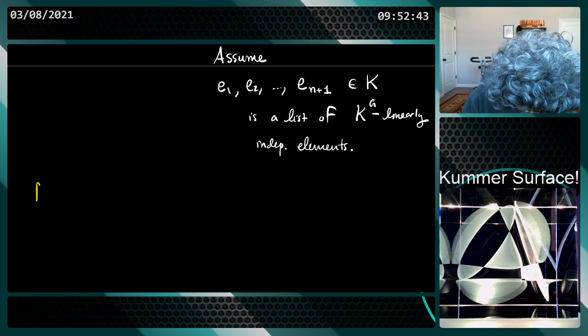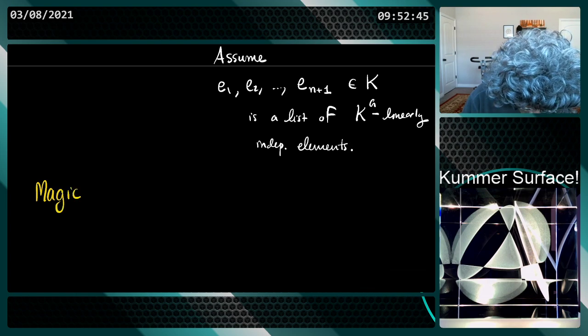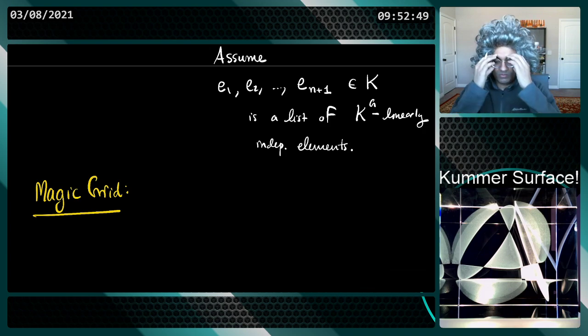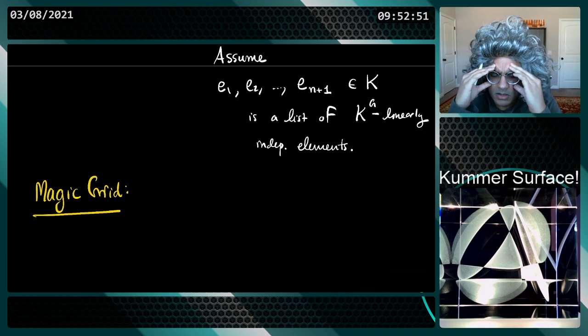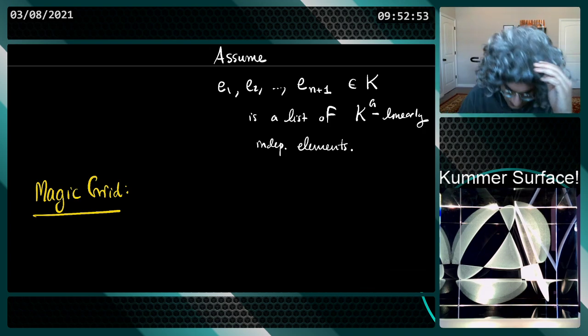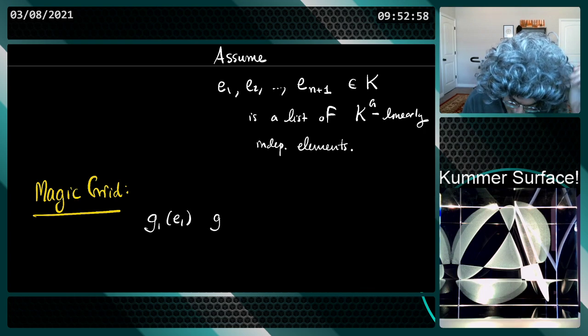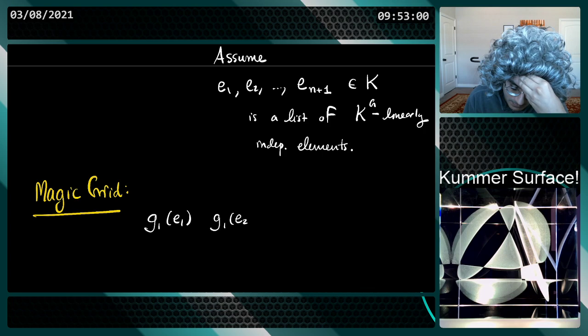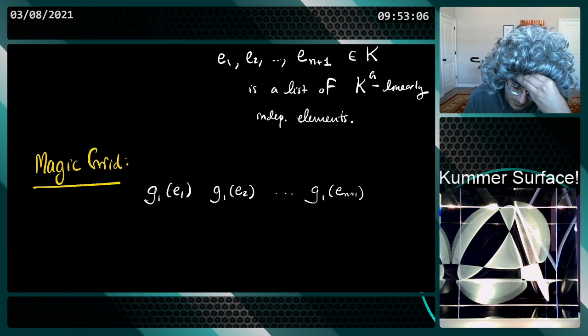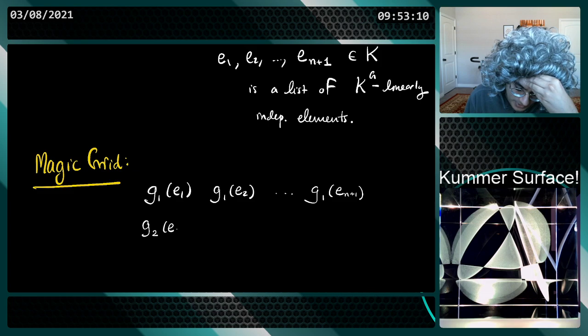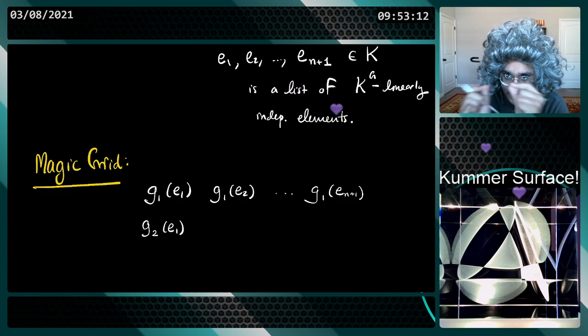Magic grid. Requires the full power every time. Look at which index is varying which way.